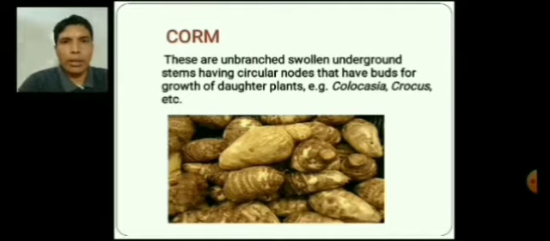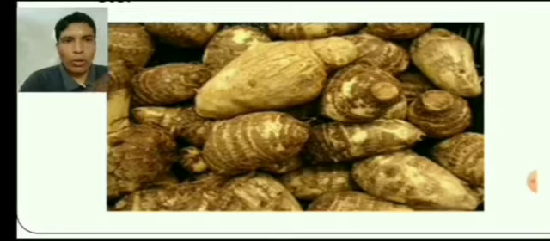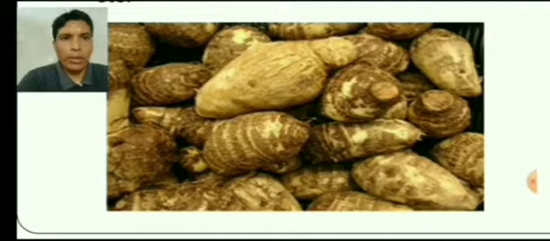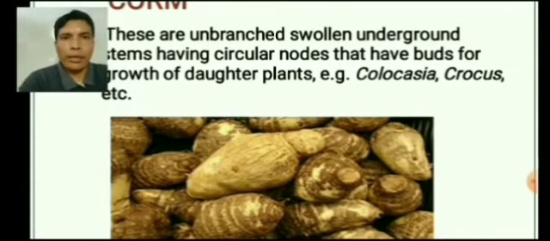Examples of plants which have corms are Colocasia, Crocus, etc. In this picture, these are corms of Colocasia. Colocasia is the scientific name of taro. In the local name we call it yendem or pan. If we ask you what is the vegetative propagule of yendem or pan, your answer would be corm, right?